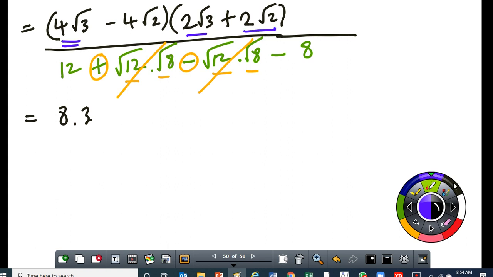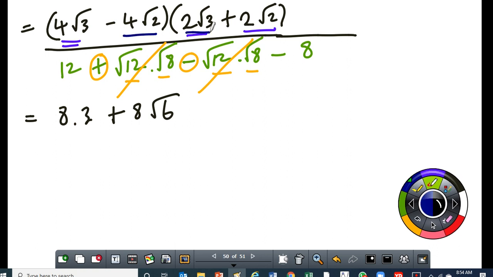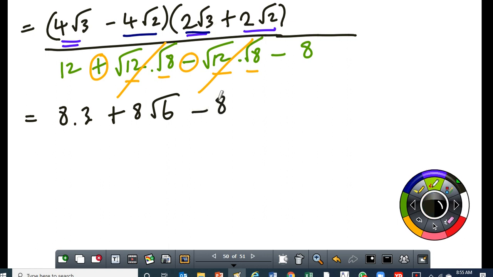So 4 times 2 is going to give me 8, so I'll end up having positive 8. Then square root of 3 times square root of 3 will give me square root of 6. Then I need to multiply this one here by that. So minus 4 times positive 2 will give me a negative 8. Square root of 2 times square root of 3 will give me square root of 6.